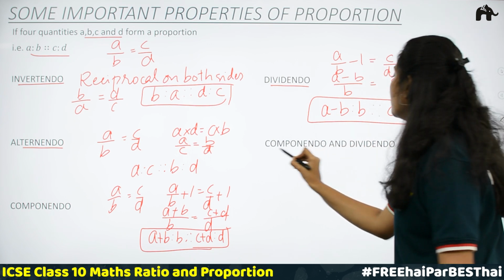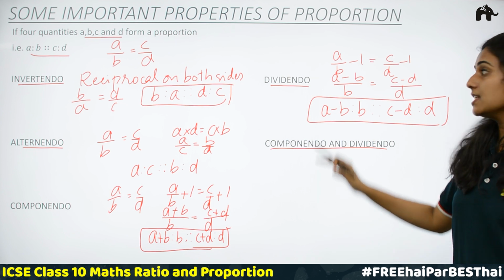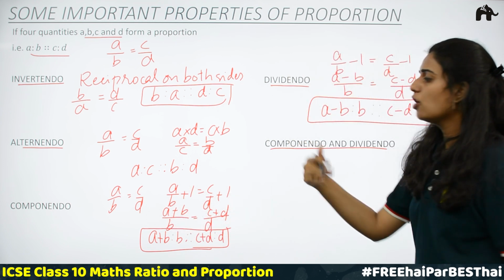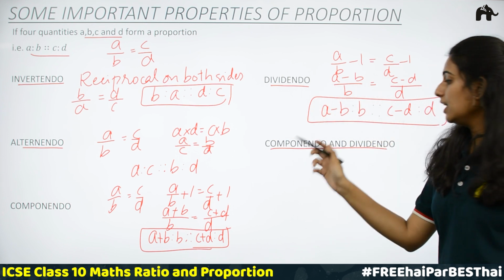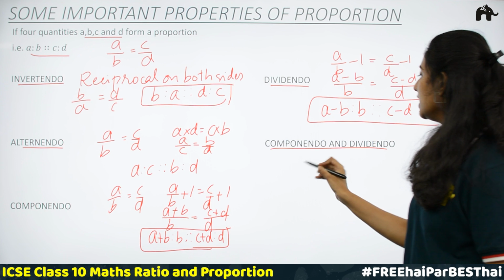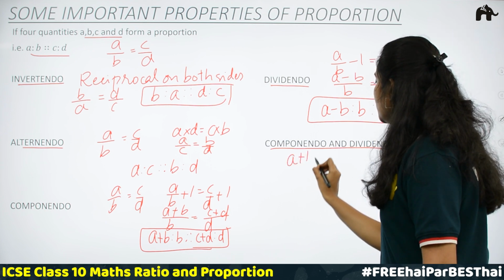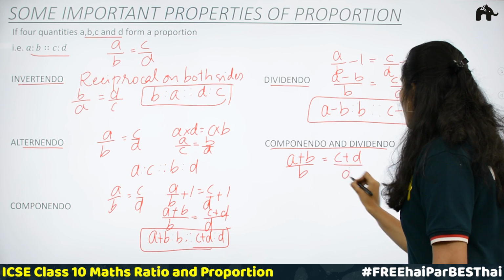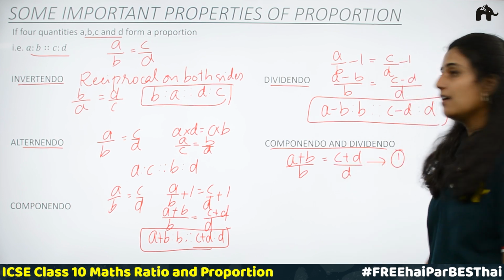Now, componendo and dividendo, this is the fifth property. We know this is a combination of componendo and dividendo. Here from the componendo property we can write A plus B by B is equal to C plus D by D. I am taking this as equation 1.